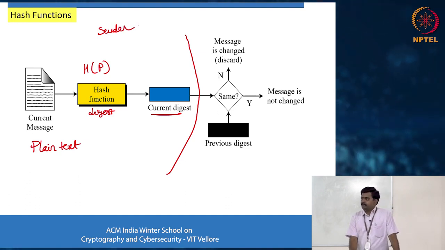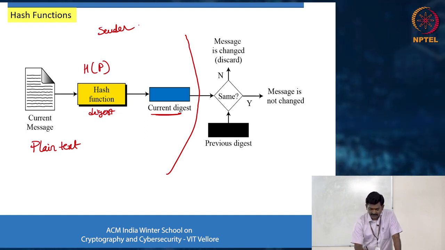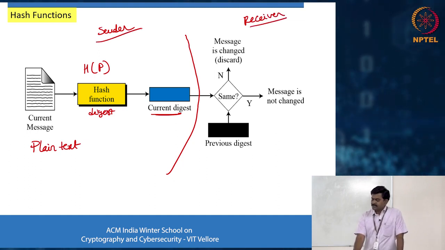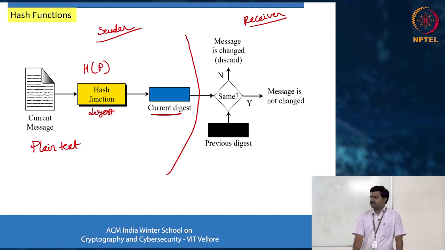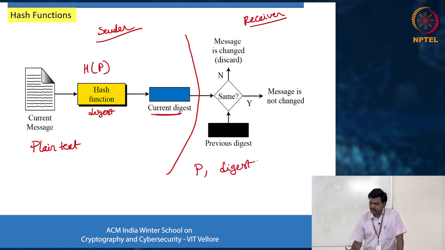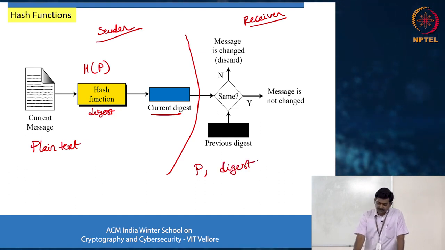What is that? Plain text message, creating the digest of the message happens at the sender side, and at the receiver side, what do they do? Take the message and also the digest. So the message P and the digest both are taken. Then what do they do?